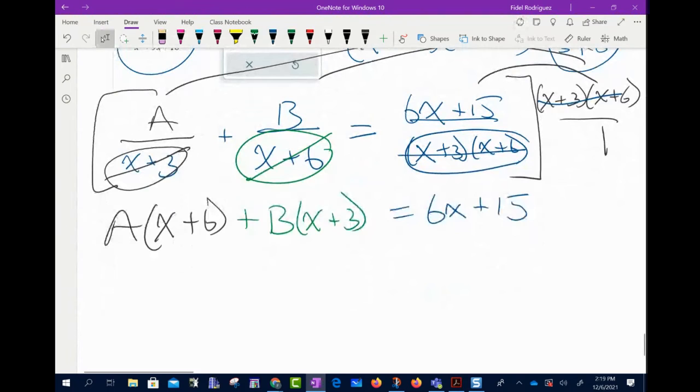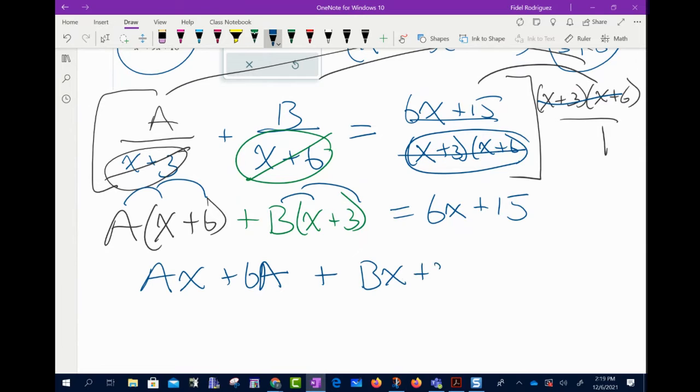Okay. All right, so we're going to start multiplying out here. So we're going to go 1, 2. So this is going to be Ax plus 6A, plus Bx plus 3B equals 6x plus 15.